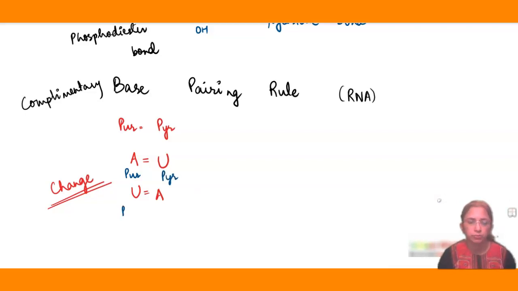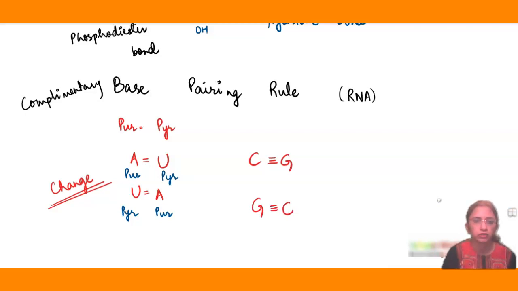Here U is pyrimidine and adenine is purine. The other things will remain common, like C will always bind to G by 3 hydrogen bonds. G will bind to C by 3 hydrogen bonds. Here in the case of AU and UA, the number of hydrogen bonds will be similar to what was present in adenine and thymine.